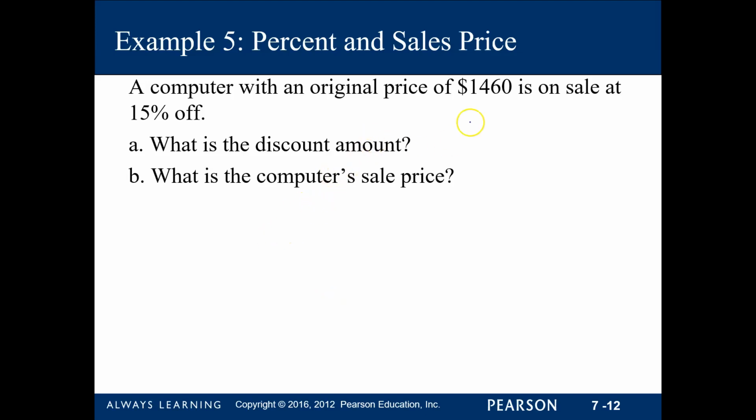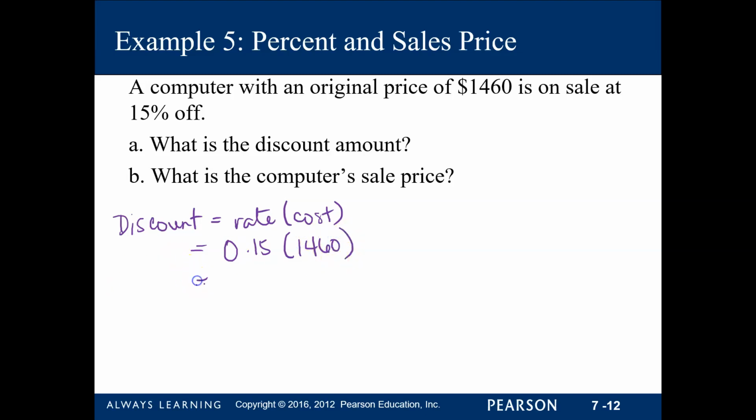For example, we have this computer, the cost is $1460 and it is on sale at 15% off. If we are going to find the discount amount, the discount is going to be the rate times the cost, or the price. So 15% is 0.15. Multiply it by 1460.